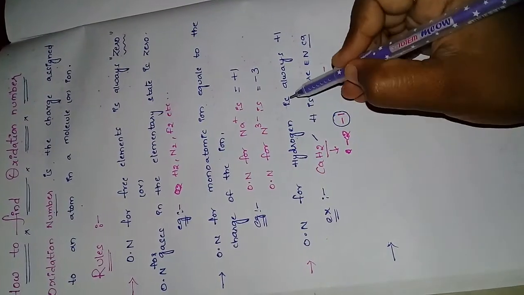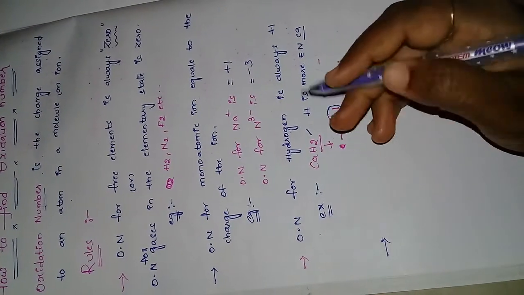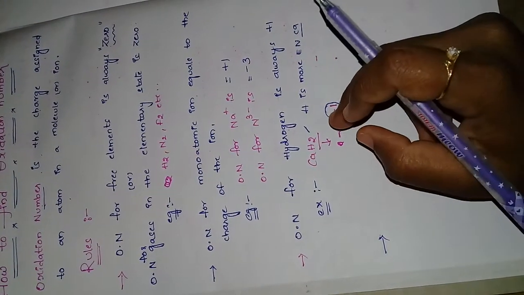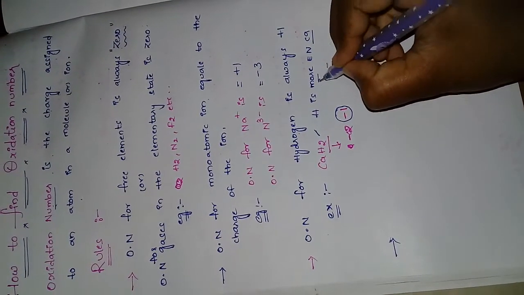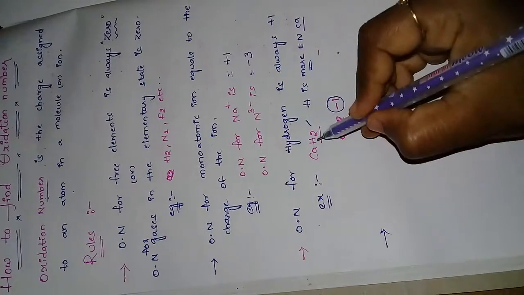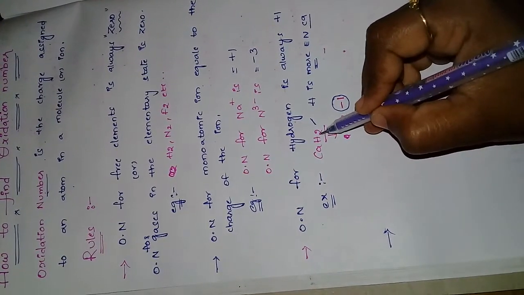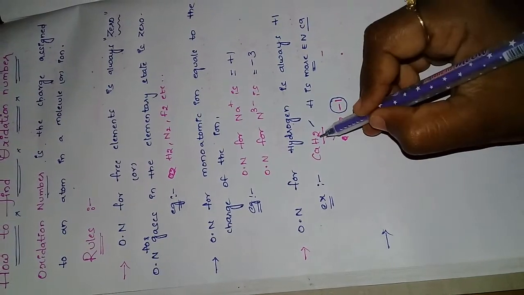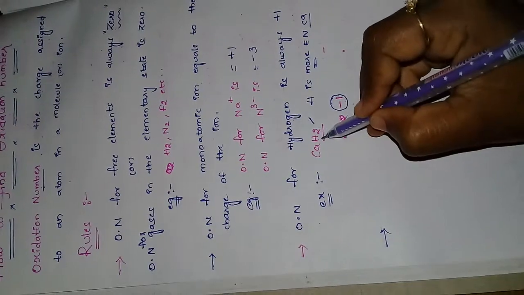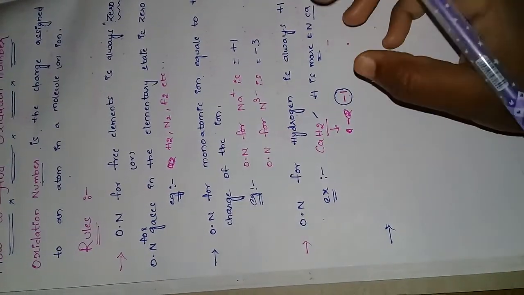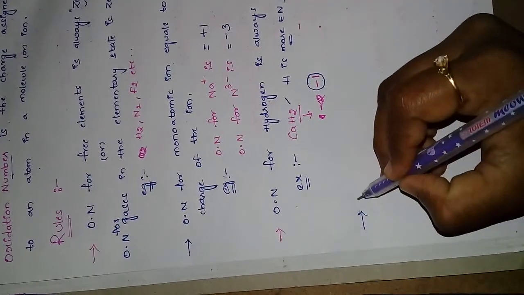Oxidation number for hydrogen is always +1, except when the compound contains an element less electronegative than hydrogen. See, I am explaining again. In the CaH2 compound, the hydrogen oxidation state is -1. Why? Because calcium is less electronegative than hydrogen.